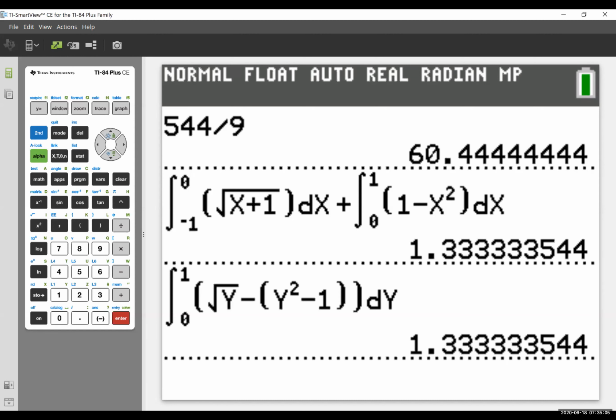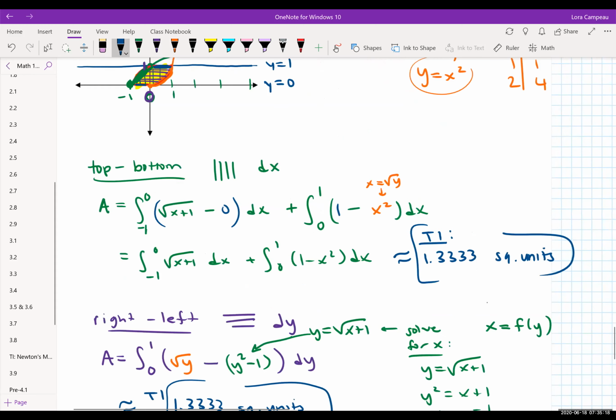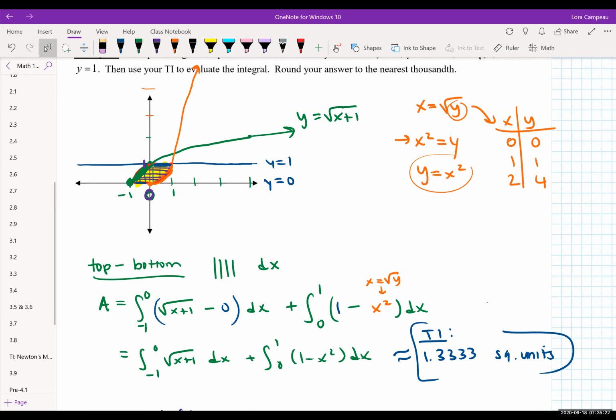Notice with our TI, we got again 1.3333 square units. So this was a sample of how it doesn't really matter how you slice it; as long as you're doing this correctly, you're getting the same area either way.